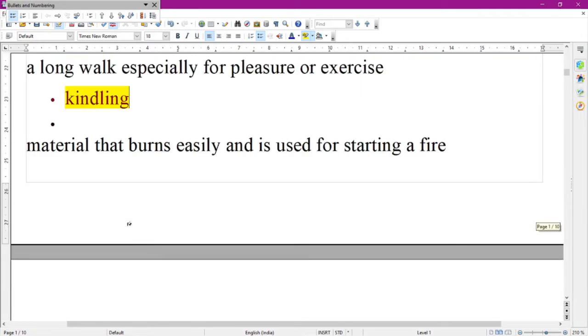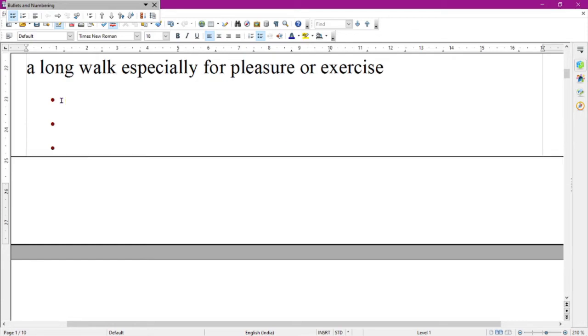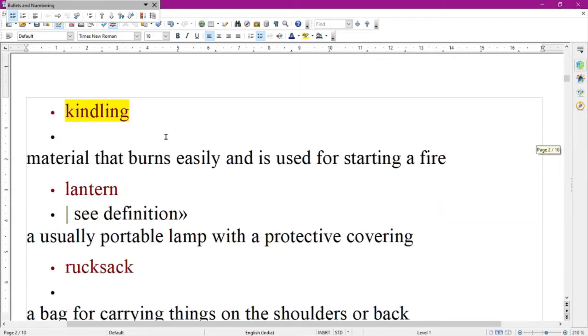Kindling means it takes time to set up a fire. Basically they use twigs or thin sticks for starting a fire.